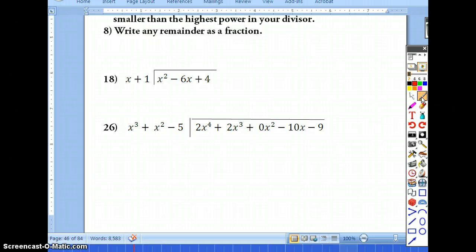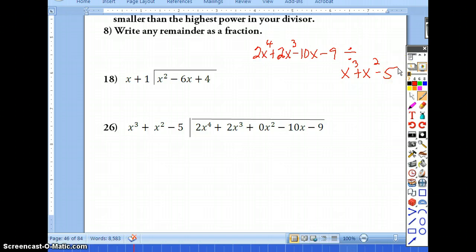The reason there's a 0x squared there is because in your book, the problem is written like this: 2x to the 4th plus 2x cubed minus 10x minus 9 divided by x cubed plus x squared minus 5.